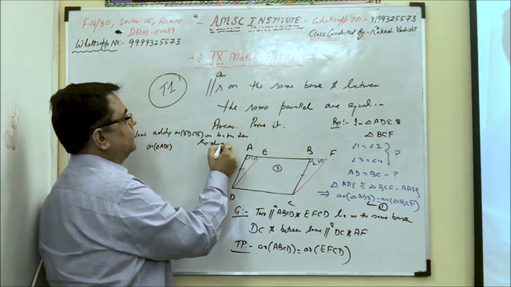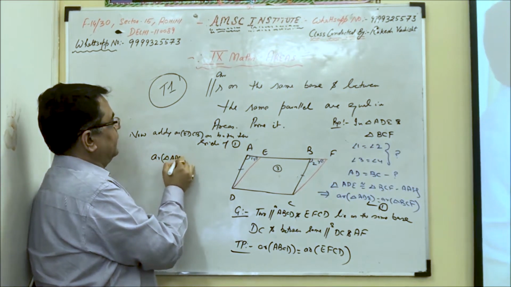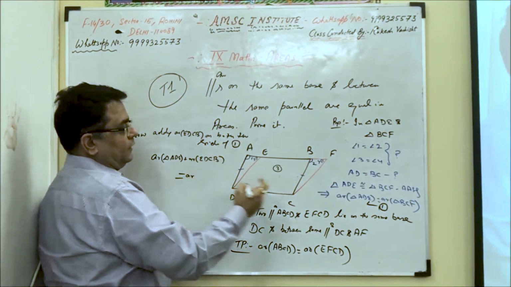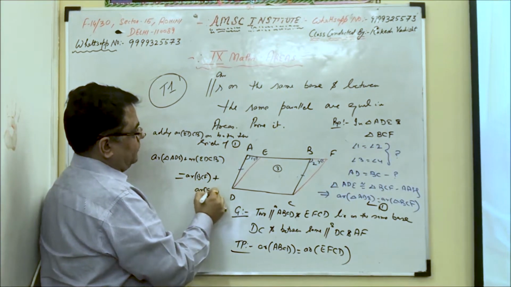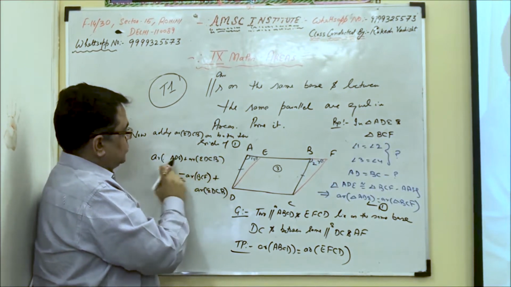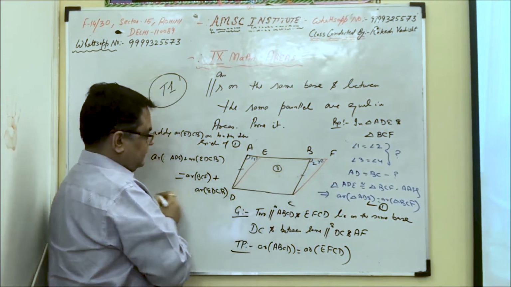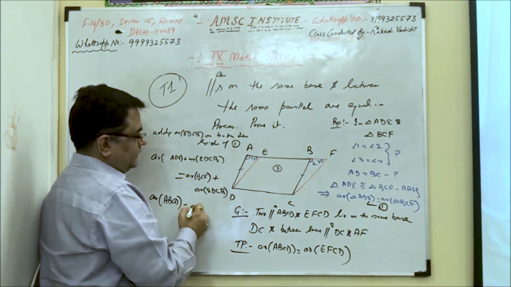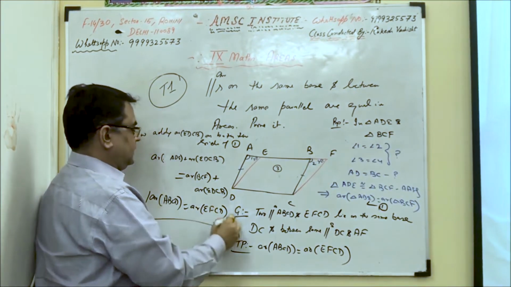So area of ADE plus area EDCB equals area of BCF plus area of EDCB. Clear? So area of ADE and EDCB will be equal to what? Area of ABCD, and this plus this is what? Area of EFCD. Is it clear?